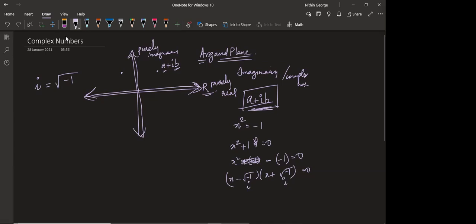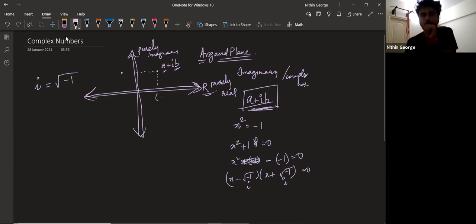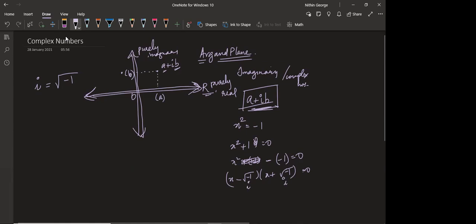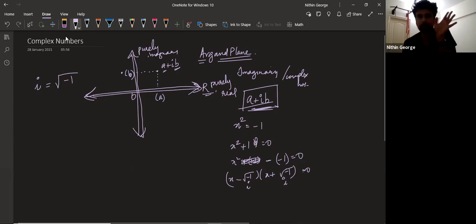Yes, sir. Okay, and I'll tell you how we plot the point a plus ib. a will be the real part and b will be the imaginary part. You understand these axes and this coordinate system? This is an Argand plane on which you can plot the points a plus ib. As simple as that.